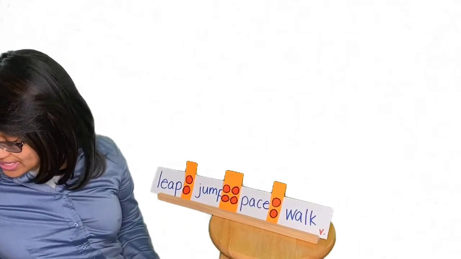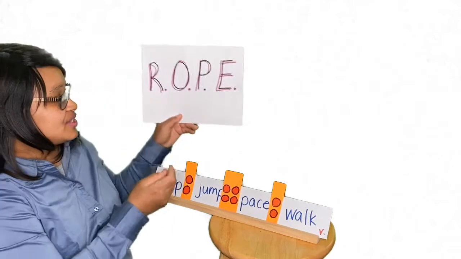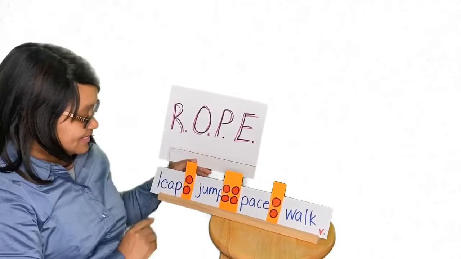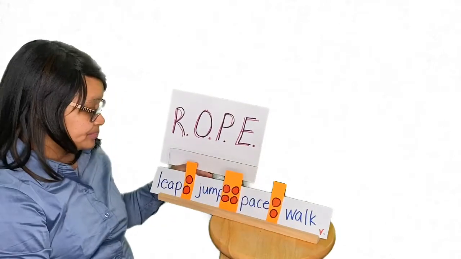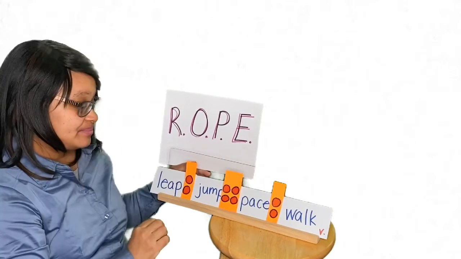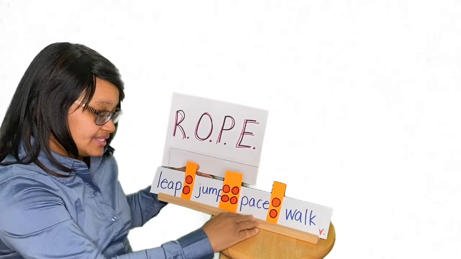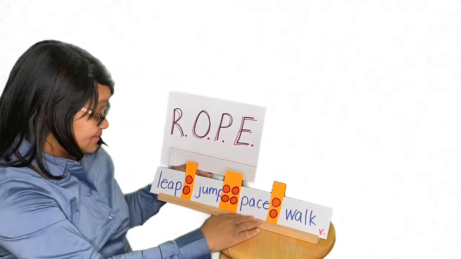Now that is a little bit more exact. That's expressing a little more exactness, because now we have an action happening by a person or an animal. Now the thing is, the degree of intensity. Is pace before walk, or is walk before pace?